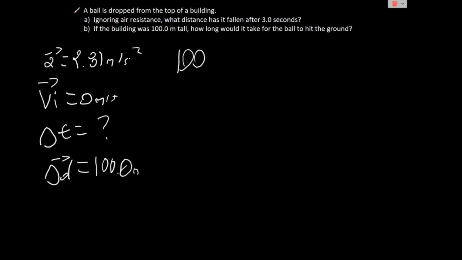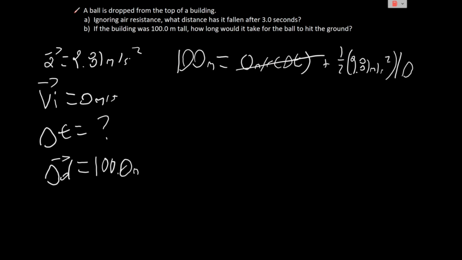So 100 meters equals 0 meters per second times delta T, those cancel out, plus 1/2 of 9.81 meters per second squared times time squared.